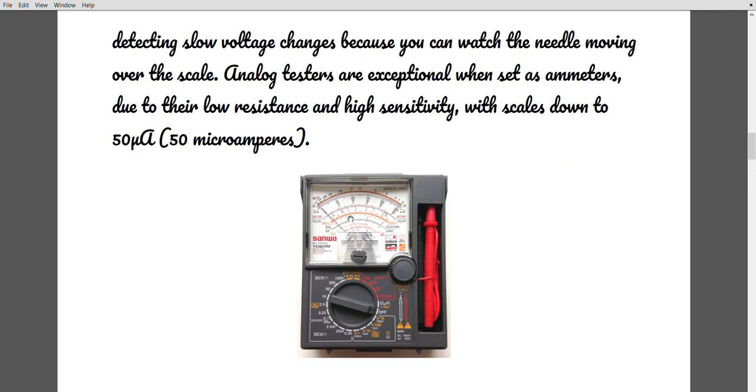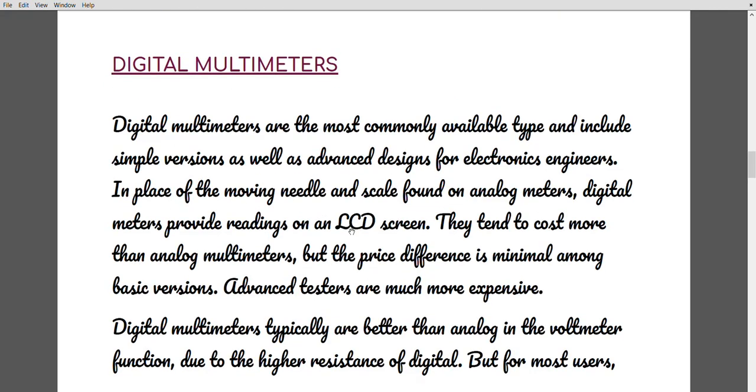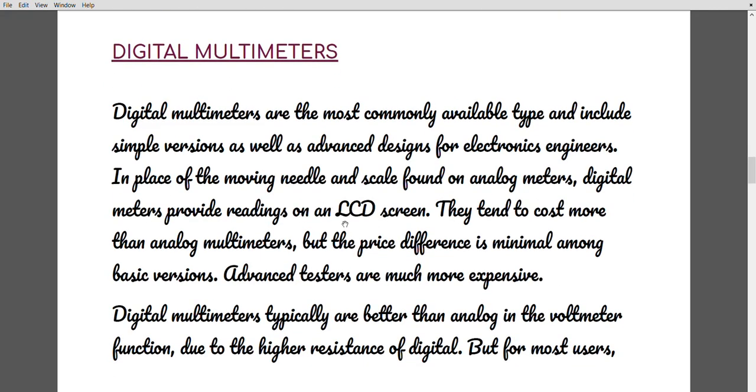So here you can see analog meters only have a needle and scale to find the values, but digital multimeters have an LCD screen to get the readings. They tend to cost more than analog meters because of the modern techniques in this device, but the price difference is minimal among basic versions. Advanced testers are much more expensive.